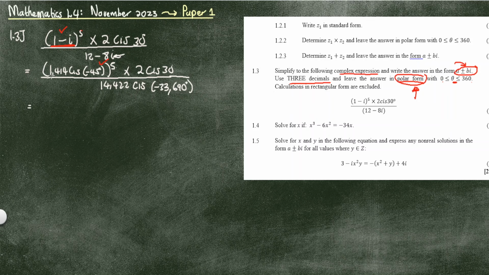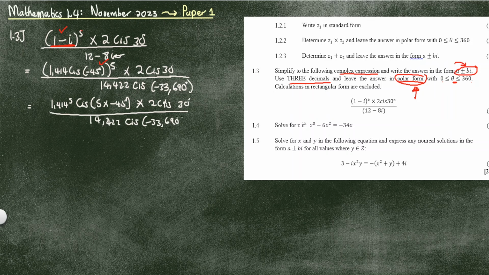Now we take this 1.414 and raise it to exponent 5 cis, and then we take the argument and multiply it by 5, multiplied by 2 cis 30 degrees, divided by 14.422 cis negative 33.690.